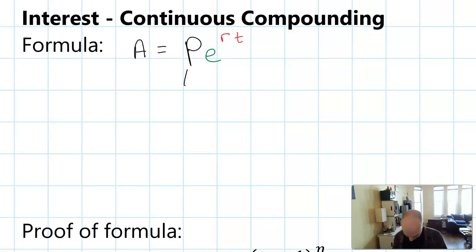Just to recap, P is the initial value. e is e, right? So this is not a variable, this is e. r is the rate as a decimal still. And t is the number of years.